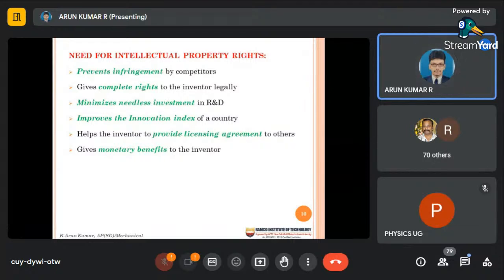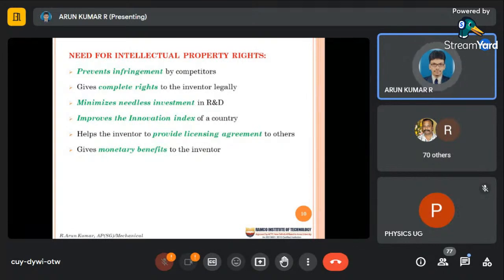The first one is it prevents infringement by the competitor. What infringement actually means is that no one will have the daring to copy your invention or copy your idea, because if you have a home and you are residing in it, no stranger will have the daring to enter your home forcefully and claim that the house belongs to them, because you are the owner and the legal evidence proves that you are the owner of that home.